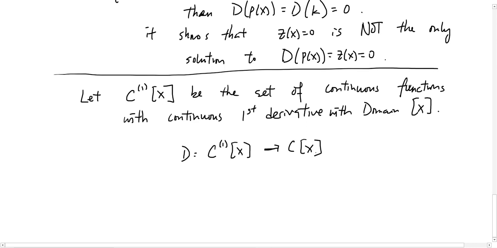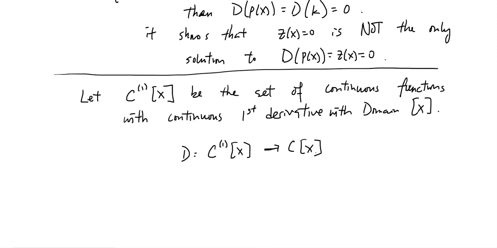The reason why I often get confused is, but wait a minute, isn't C parenthesis 1, the continuous first derivative space, a subspace of continuous functions? And you are correct. And so how does that work with a smaller vector space in the domain mapped into a larger vector space? Does that not make sense? The answer is no, it makes perfect sense.